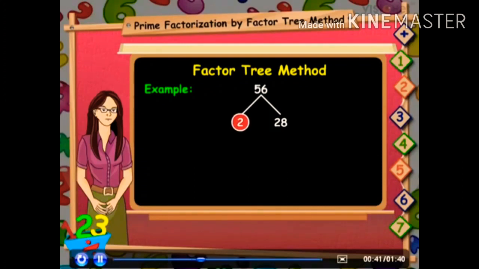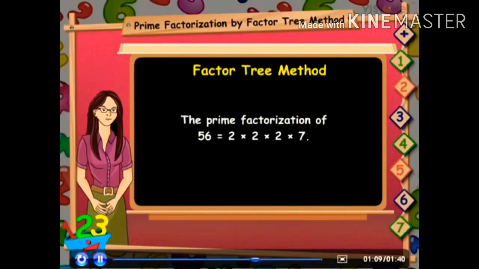So circle it and split 28 again into two factors, 2 and 14. Now again 2 is prime, so circle it and split 14 into two factors. Now it is 2 and 7. Both are prime numbers, so we circle both. That means the prime factorization of 56 is 2 into 2 into 2 into 7.